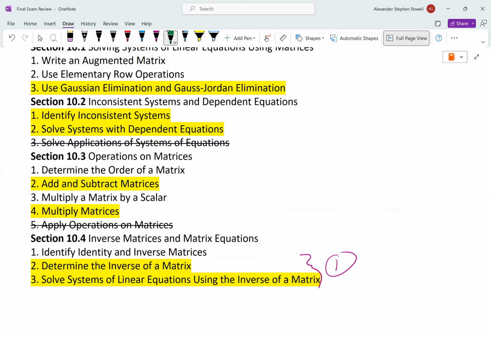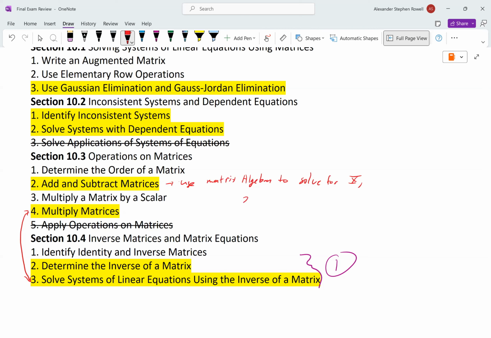All right, going up to 10.3. So multiply matrices or apply it to solve an equation, right? One of those 2 I'm going to ask. Adding, subtracting matrices. I didn't ask that on the last test. I gave you one that you couldn't add, right? Because they didn't have the same dimensions. I'm likely to ask maybe use matrix algebra to solve for the variable matrix.